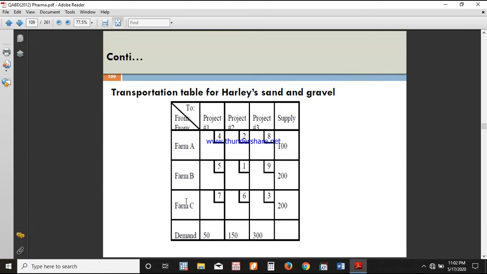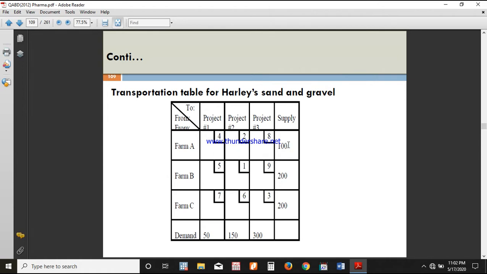Here you can put on the left-hand side of your column these 3 farms, A, B, and C, with their supply. On the right-hand side of the top margin, you can state the 3 projects 1, 2, 3, and their demand.